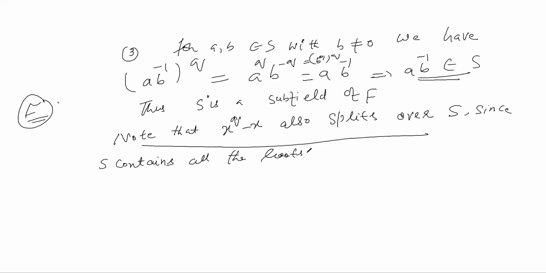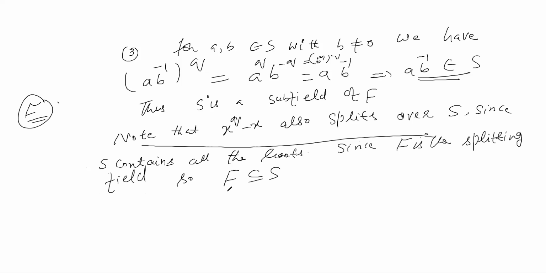Being the smallest, it must be contained in S. Since F is the splitting field, we must have F contained in S. But we just saw that S is a subfield of F, so this means S and F are the same.